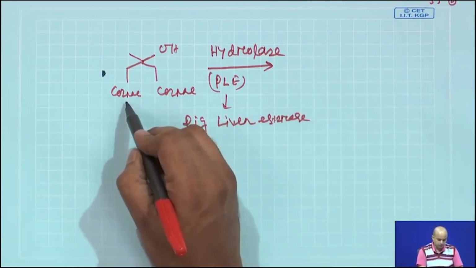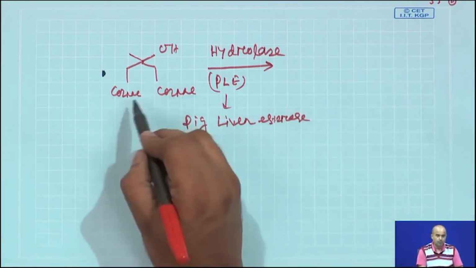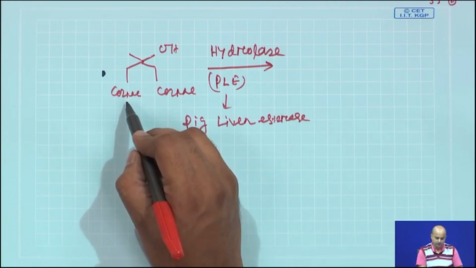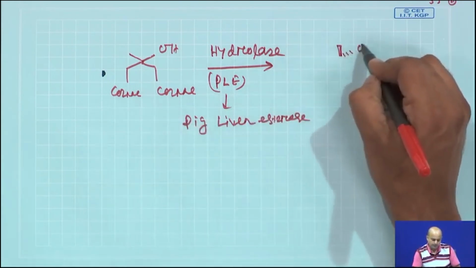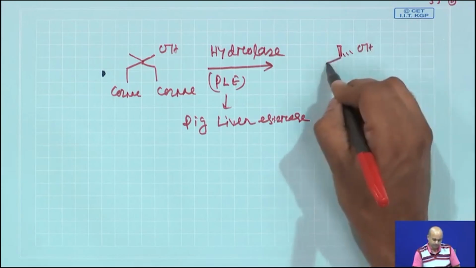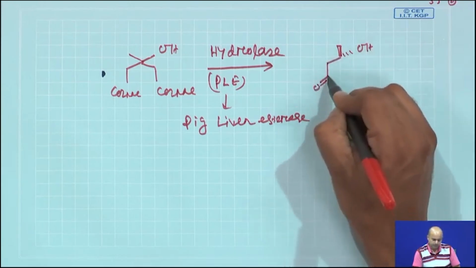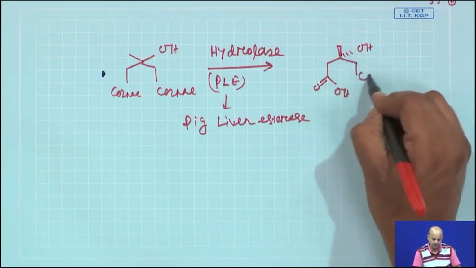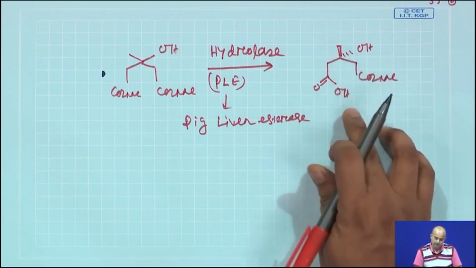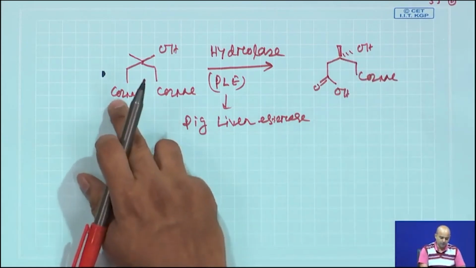It is a very nice enzyme. Out of these two enantiotopic groups, one is hydrolyzed, and you get this particular enantiomer as the main product, only this enantiomer, because of hydrolysis of this group only.